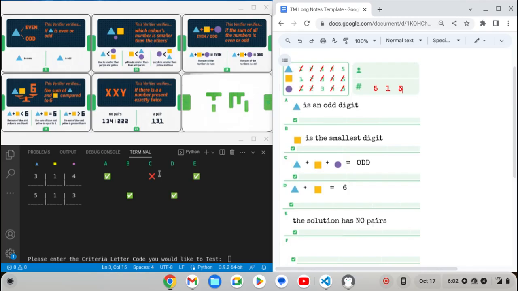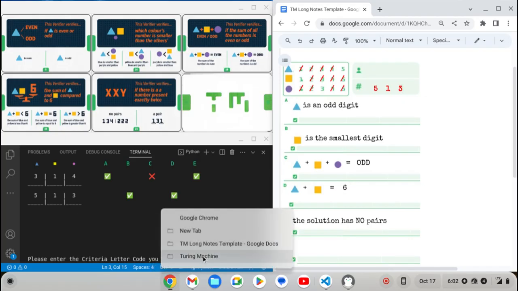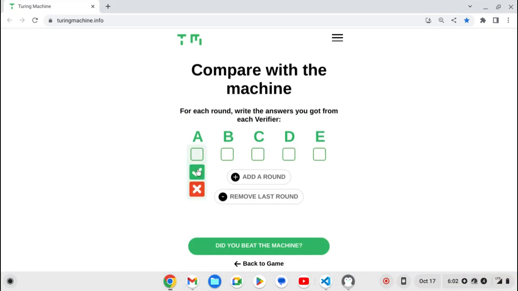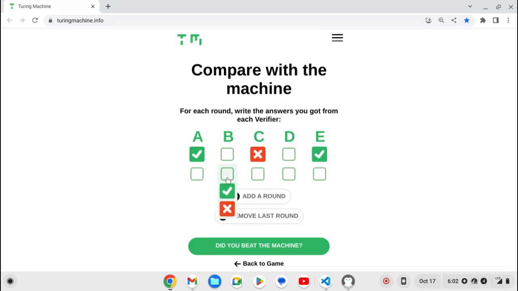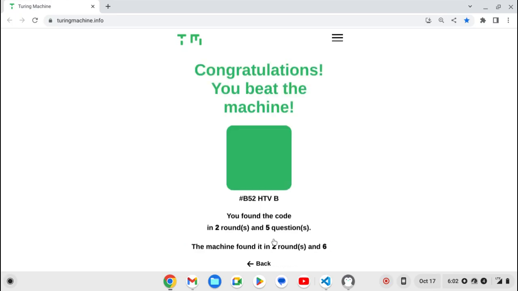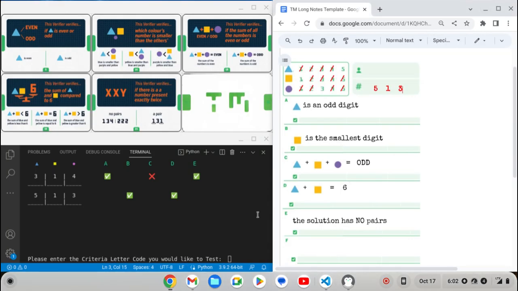In the second round we did the remaining 2 tests. So let's go ahead and type that up. And again, that was ACE. And so A was correct, C was incorrect, E was correct, and we got the solution in our second round. Okay, so we beat the Turing machine by 1 question.